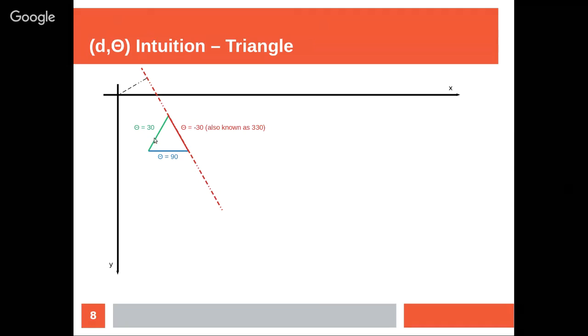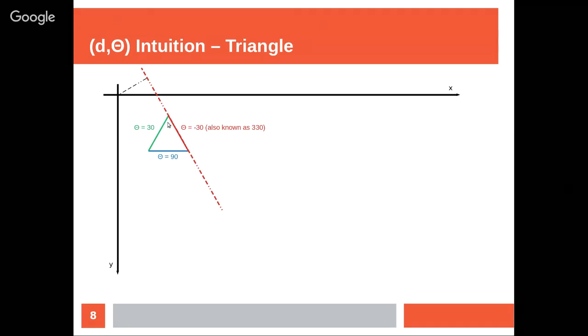lines. But what's interesting is now we have sort of a concept of a triangle based on lines, and in particular based on the angles of lines. So a 30-degree line, a 90-degree line, and a negative 30-degree line define a triangle. And what's nice is they define a triangle, for the most part, independent of translation and independent of scale.